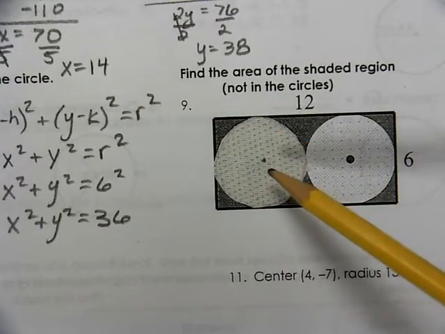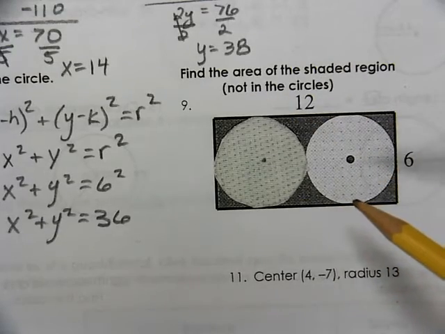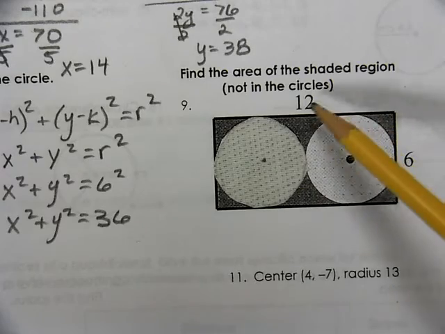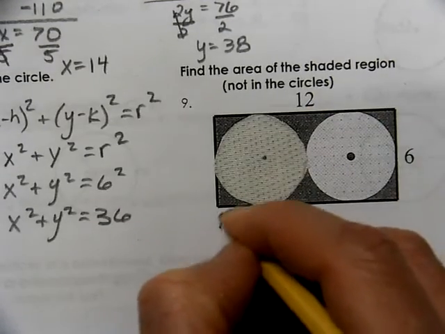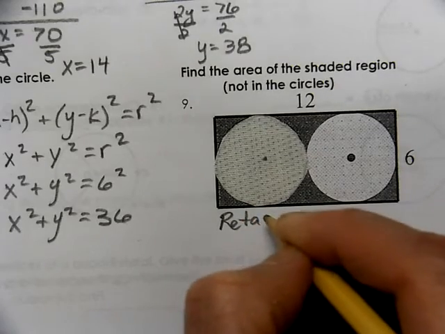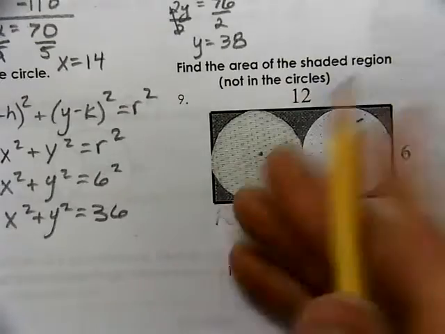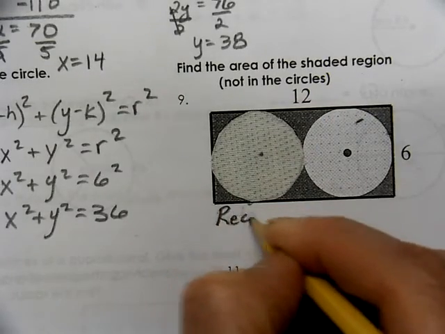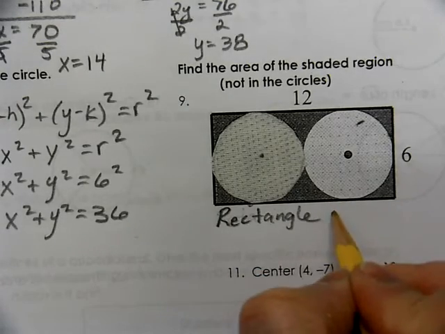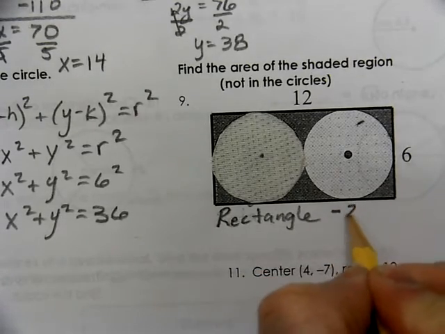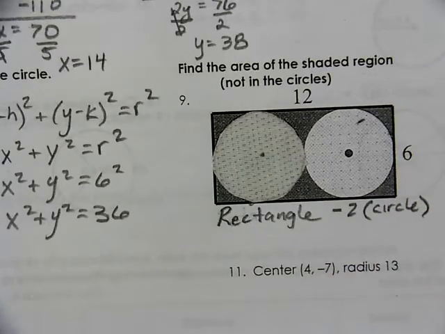Here we're supposed to find the shaded region, not inside the circles. So we see that this total area, so we're going to take the rectangle area minus 2 times the circle area.